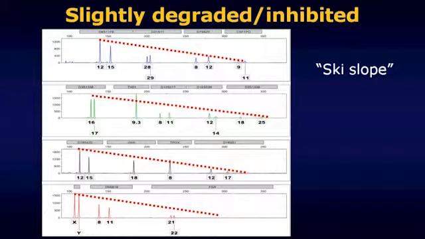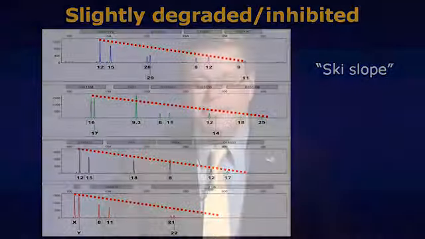This has all the hallmarks. It looks to me, and I hope it looks to you, as a sample that has experienced at the very least degradation, at the very least maybe inhibition, maybe both. Can't necessarily say which has predominated, but this is a sample that looks as if it's been degraded or inhibited.